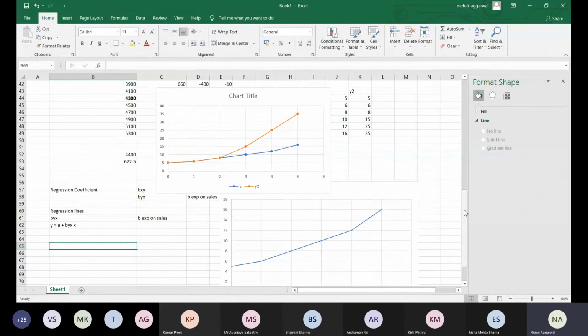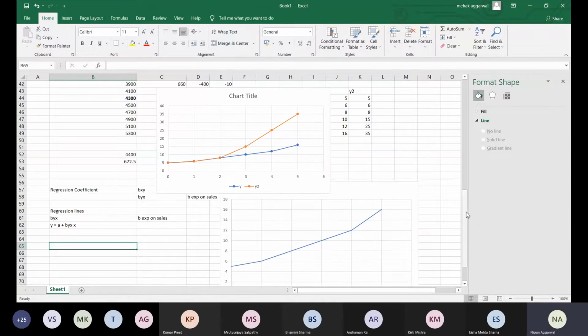It depends upon what is asked, whether he wants the effect of sales on expenditure or the effect of expenditure on sales, or maybe both. If both are asked, then there are two separate questions. First you solve for x on y, then you solve for y on x.